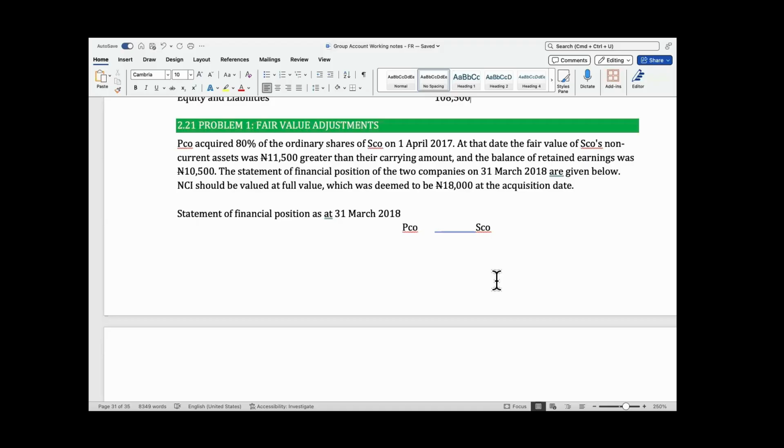At that date, the fair value of ESCO's non-current assets was 11,000 greater than their carrying amount, and the balance of retained earnings was 10.5. The statement of financial position of the two companies on 31st March 2018 are given below. NCI should be valued at full value, which was deemed to be 18,000 at the acquisition date.